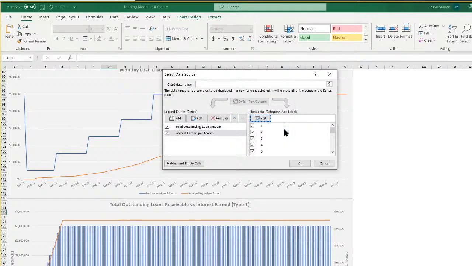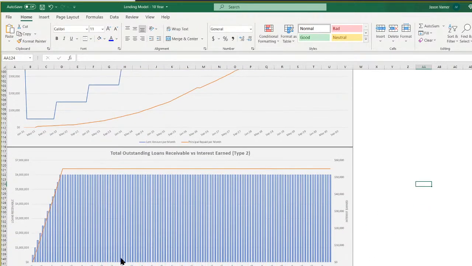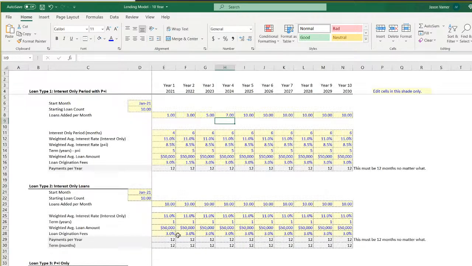And we already got our months in there, that's fine. Okay, so type 2. This is less complex, it's just interest-only happening. So you kind of just scale up. What's our assumptions? It's just doing 10. And the term's only for 1 year each.